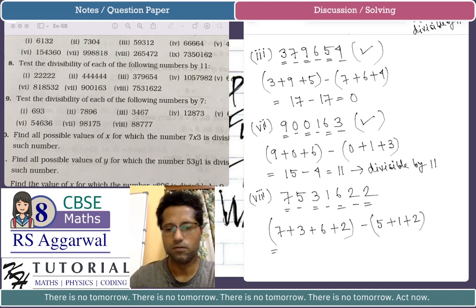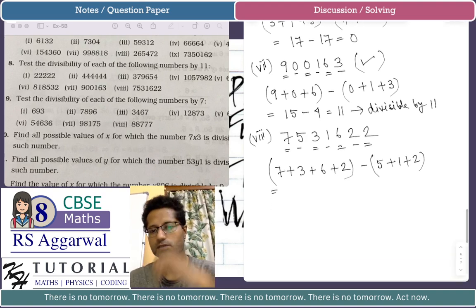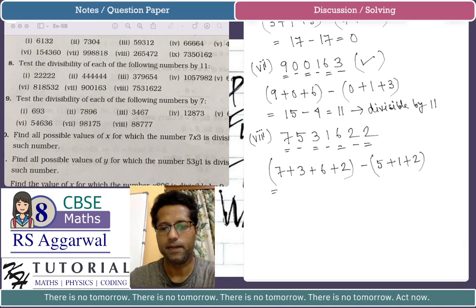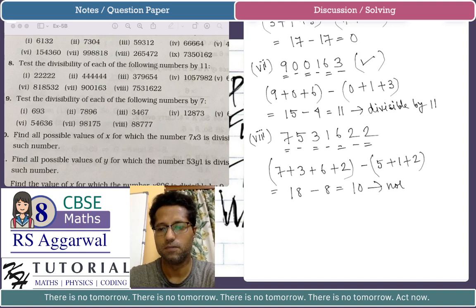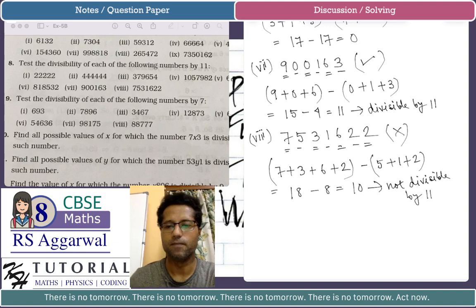This is equal to 7 plus 3 is 10 and 8, 18 minus 8. This is equal to 10, and this 10 is not divisible by 11, and hence the number will not be divisible by 11.